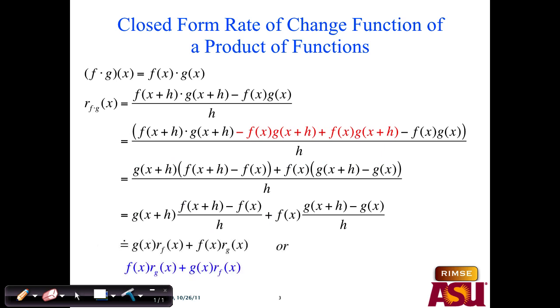So I've got overall g of x times the rate of change of function f, g of x times f prime of x, plus f of x times the rate of change of g.